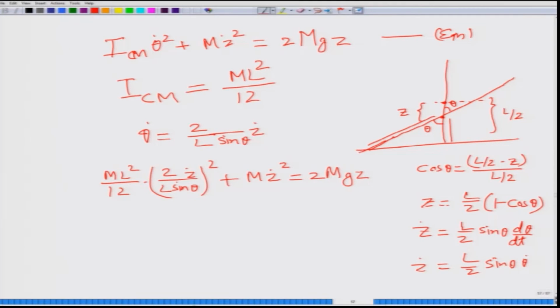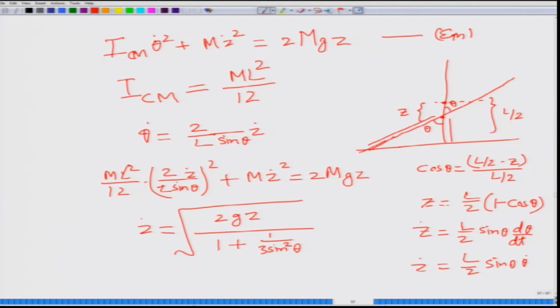So we solve it for z dot and we get z dot square is equal to 2gz divided by 1 plus, so this is 4, this is 3, L square cancels with L square, so 1 by 3 sin square theta, or if I remove this 2 from here, then square root here.